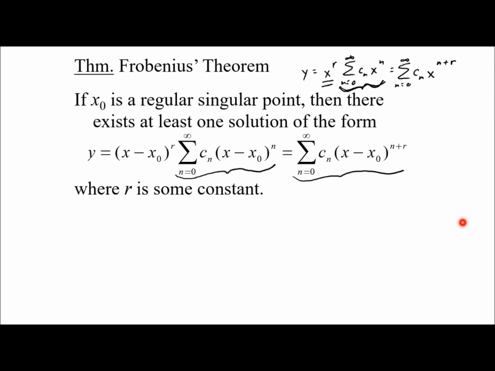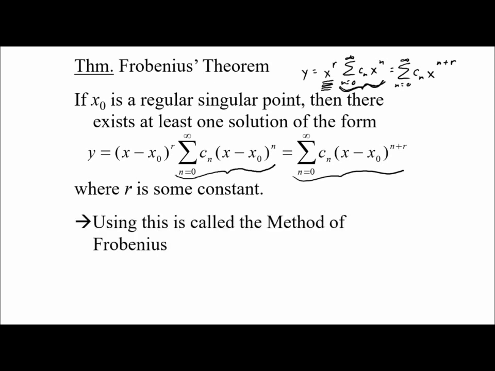If we are centered at a regular singular point, we are going to assume that our solution is that power series multiplied by x raised to the r power. Okay, this is called the method of Frobenius, which again, fun to say.